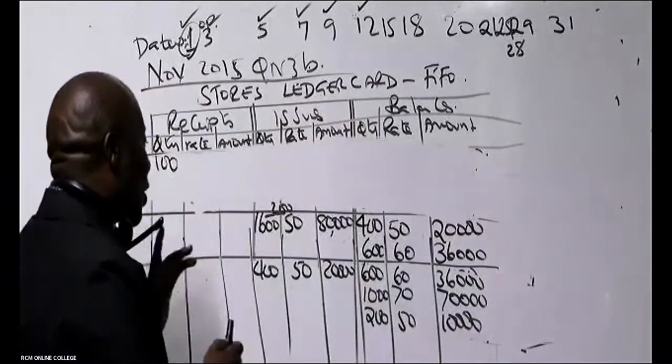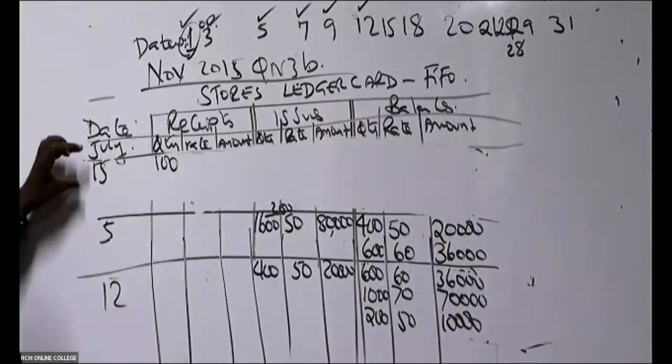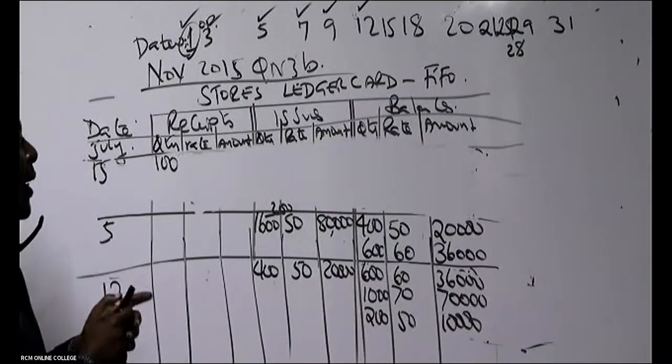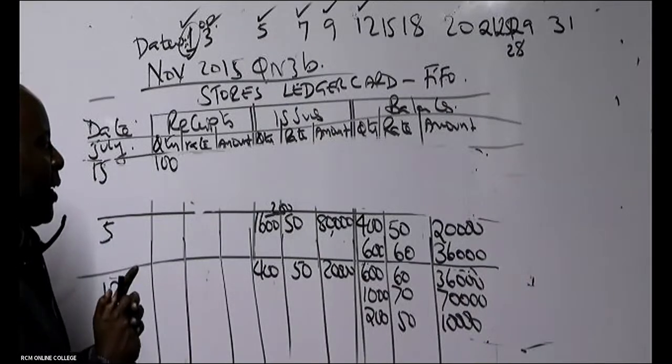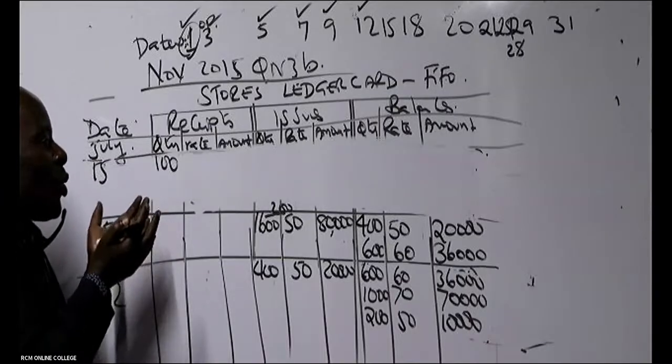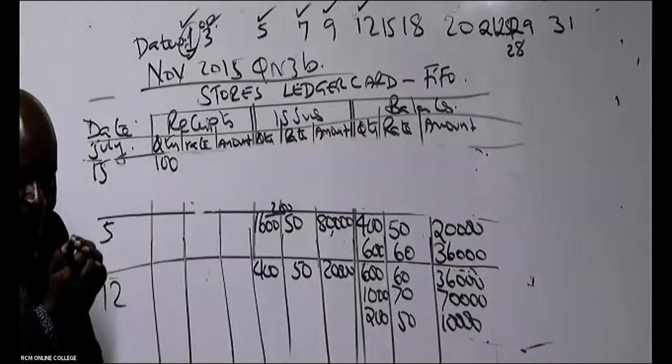So ladies and gentlemen, then we have to make an assumption here. Look at this. We have units that we had initially issued, and somebody has returned them. If we had issued them and now they have been returned, and they're not telling us which date they belonged to, then at what rate should we receive them?